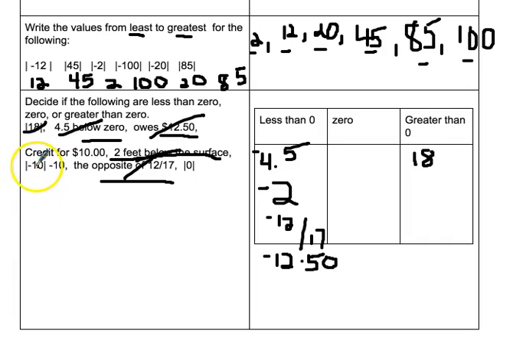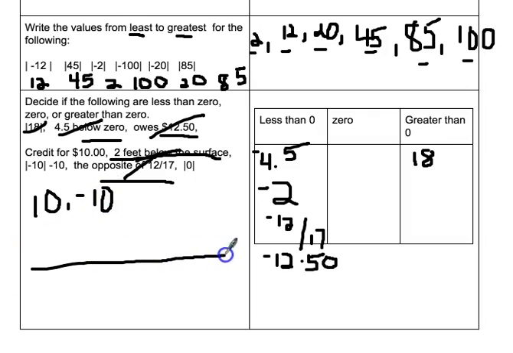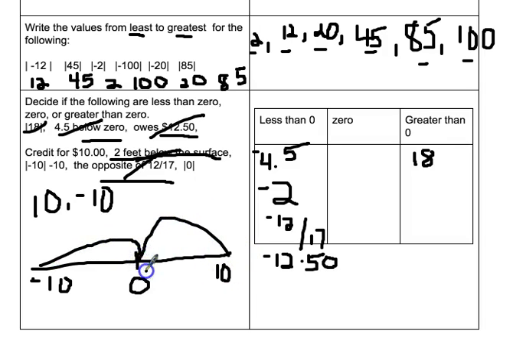The absolute value of negative 10 is 10 and negative 10. Remember, we talked about using a number line. These are opposite numbers. They are equidistant from 0. So if I look at negative 10 and 10, I move 10 spaces to the right, I move 10 spaces to the left, and you end up with 0.